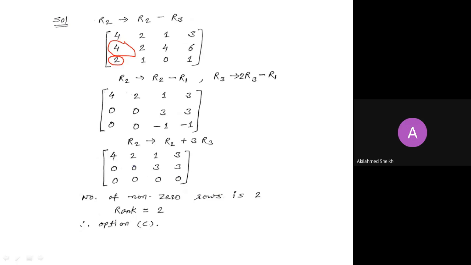We are proceeding in the first column, trying to make the elements 0 in the first column. So we always use a combination with R1.